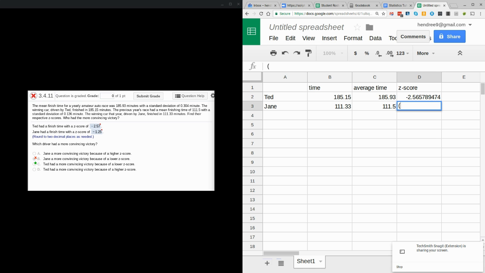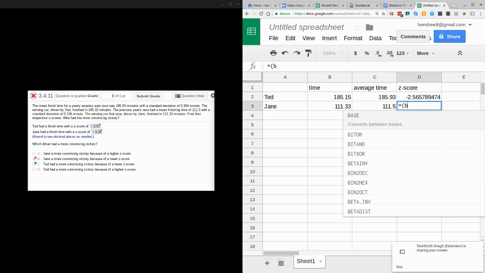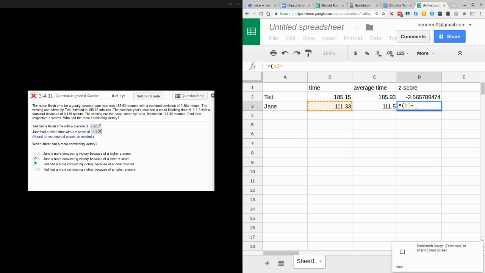We take Jane's time, oh, forgot my equal sign. Take Jane's time, subtract the average in Jane's year, and divide by the standard deviation from her year, which was 0.136.